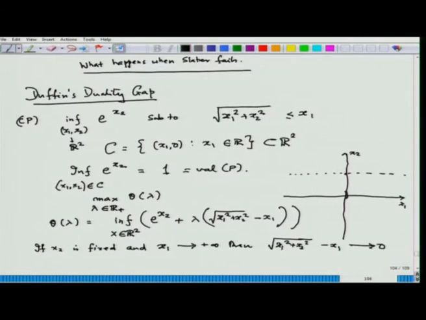So, on this line, once x2 is fixed, the minimum value over x1 is nothing but e to the power x2. So, the infimum for each fixed x2 over R2: once I fix x2, I can only move along the line passing through x2, which is parallel to the x1 axis.